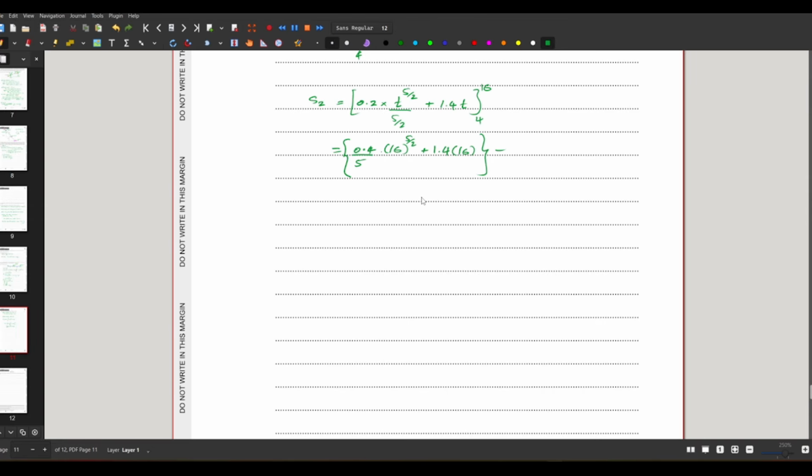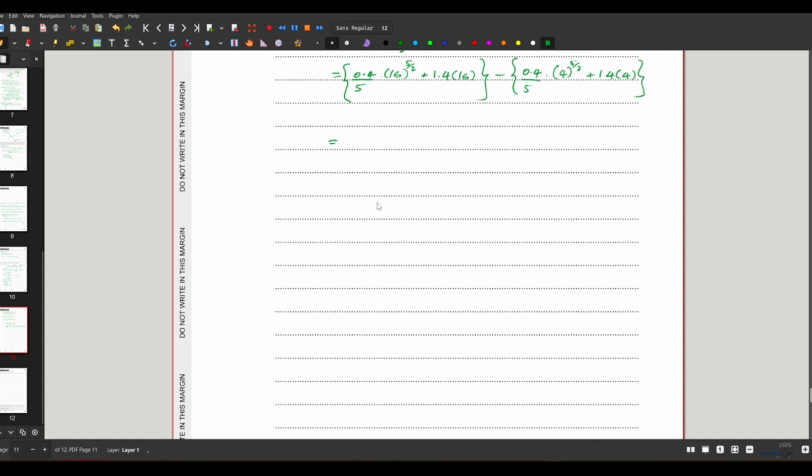This is the upper limit, and also we have to substitute the lower limit: 0.4 over 5 times 4 to the power 5 over 2 plus 1.4 times 4. When you simplify the first bracket, you will receive 104.32, minus for the second one 8.16, which is 96.16 meters.